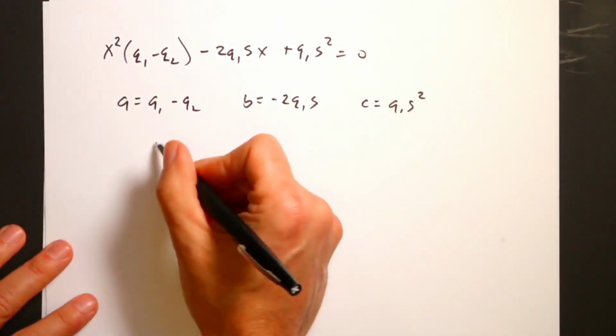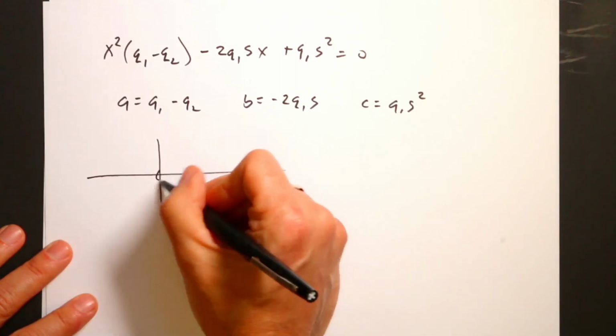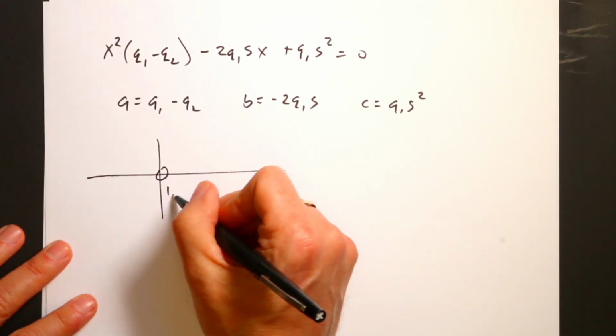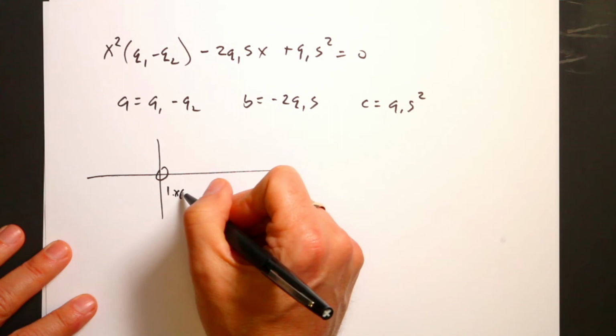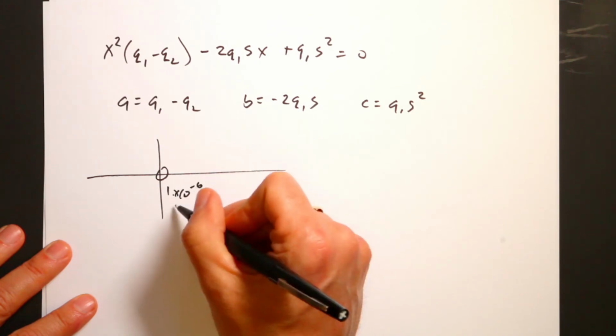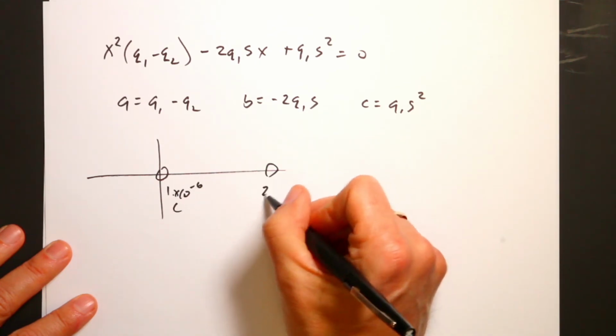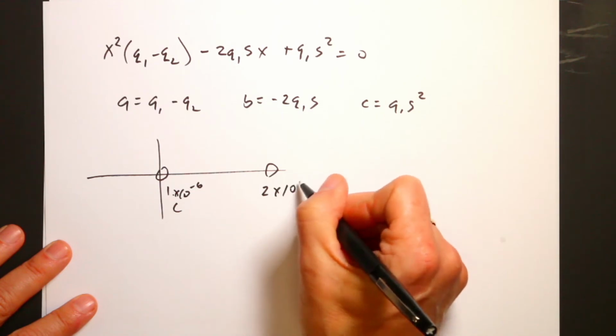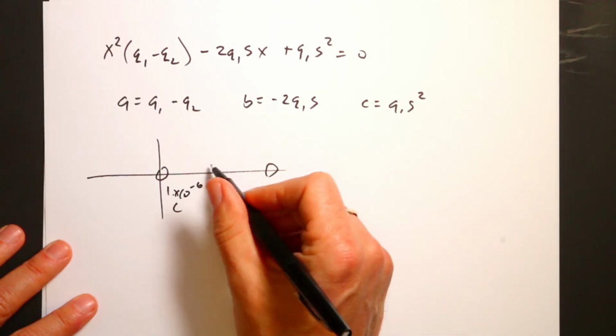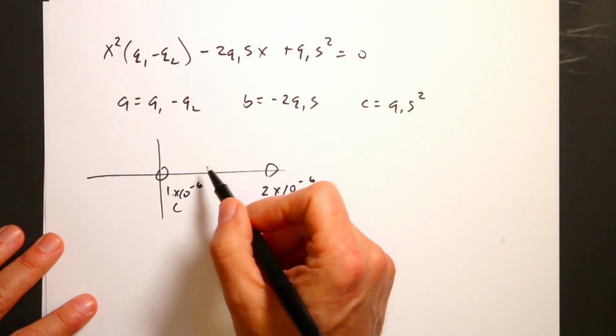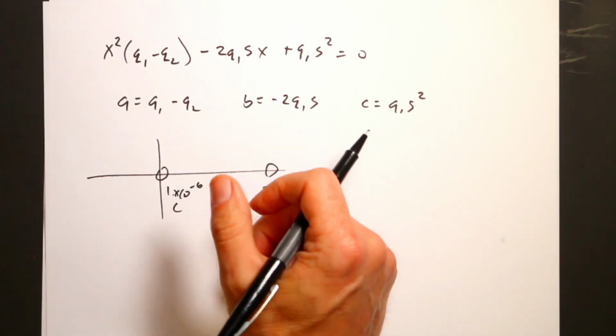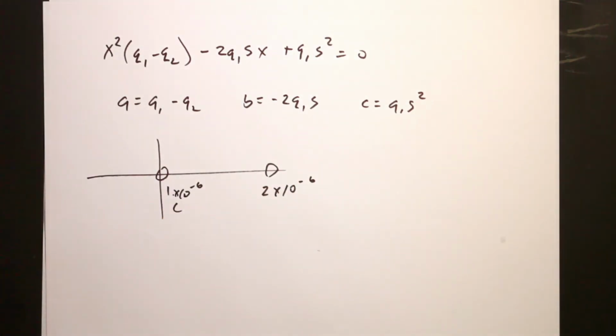Okay, so let's put some values in and actually calculate this. Let's say this is 1 times 10 to the negative 6 coulomb, and this is 2. I want to make the same graph in between them, so let's switch back over to Python and switch it up and see what happens.